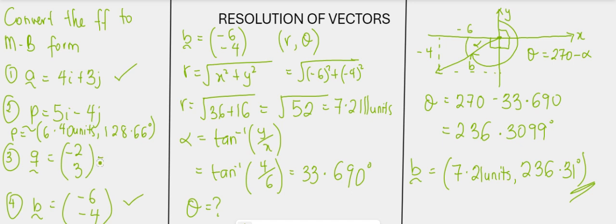And then with a vector q, you should get 3.61 units, and then 326.31 degrees. Work them out. Let's see if you get the same answers. Thank you.